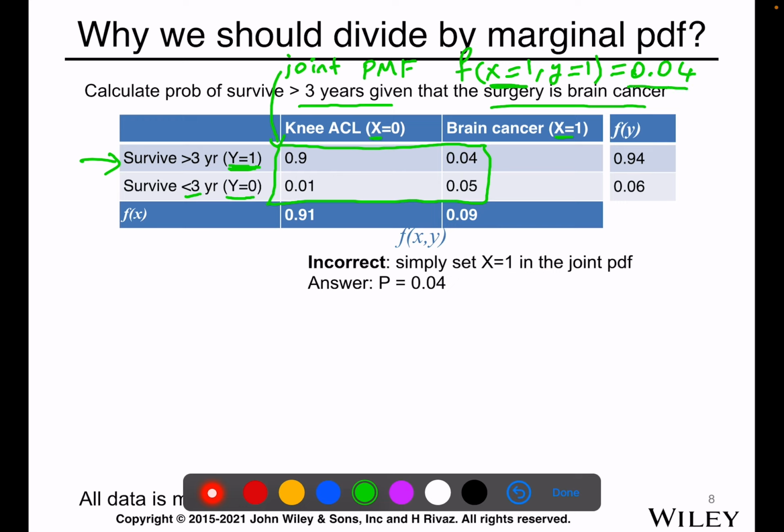No, that's incorrect, because this number actually means the chance of both, this is "and", right? This is not "given that". So here the question says given that. That means it's a conditional probability, right?